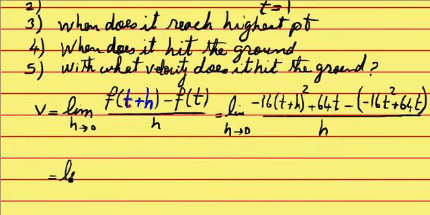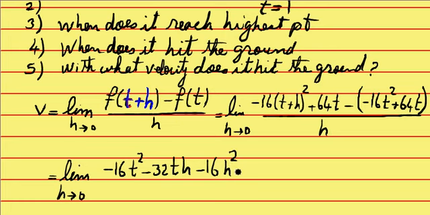Here we have limit of h going to 0. I open the numerator, minus 16t squared minus 32th minus 16h squared. I made a mistake here. It was supposed to be 64 times t plus h. I was supposed to do a complete substitution, t plus h, and then minus this.